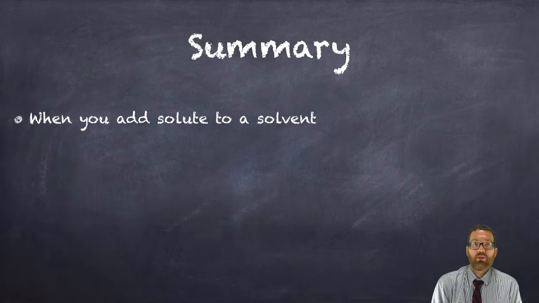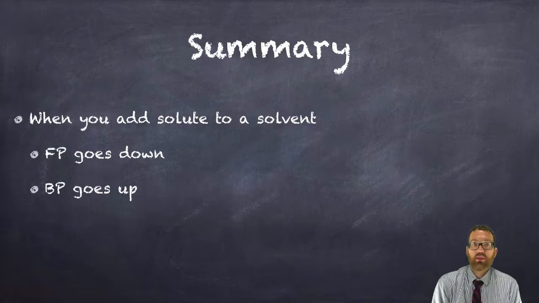So in summary here, when you add solute to a solvent, the freezing point goes down. We call that freezing point depression. And when you add solute to a solvent, the boiling point goes up. We call that boiling point elevation. To remember this, remember that phrase, freezing point depression, boiling point elevation, or just ask yourself, what do we do to our driveways in the winter? We put salt on them so they don't freeze as easily.